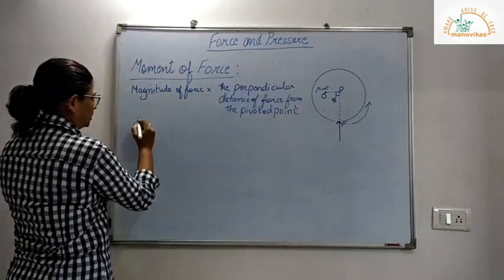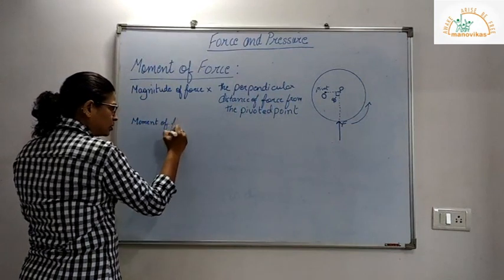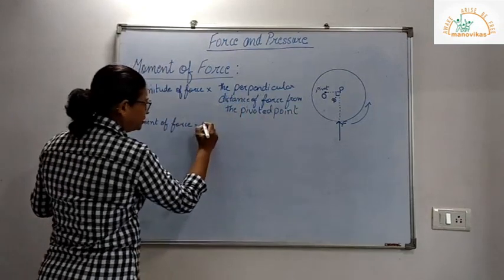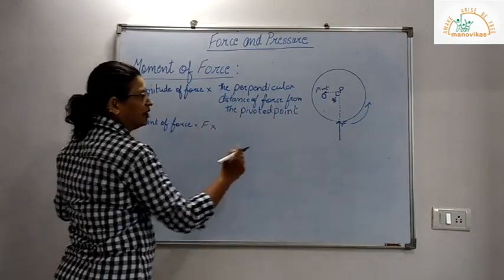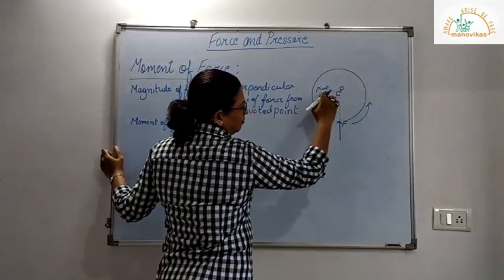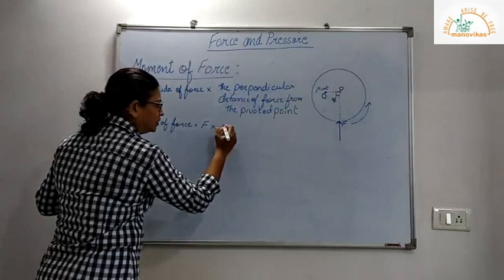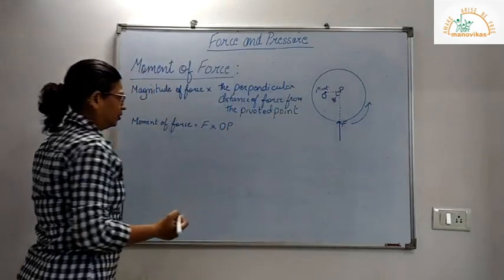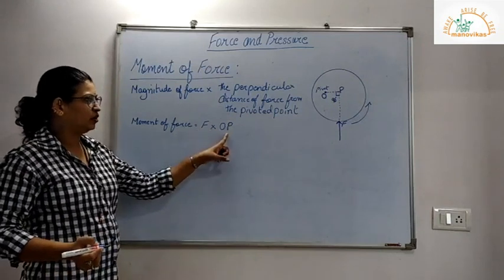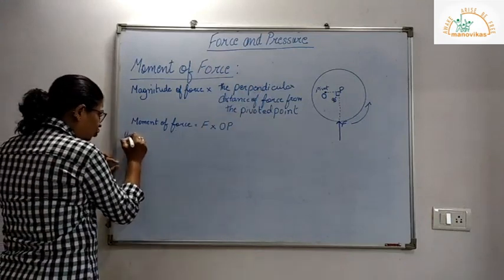So now moment of force is the magnitude of force which is applied, that is F, into the perpendicular distance at which the force is applied perpendicular to the pivoted point, and that is given by OP. So a moment of force is given by the magnitude of force into the perpendicular distance of the force from the pivoted point.